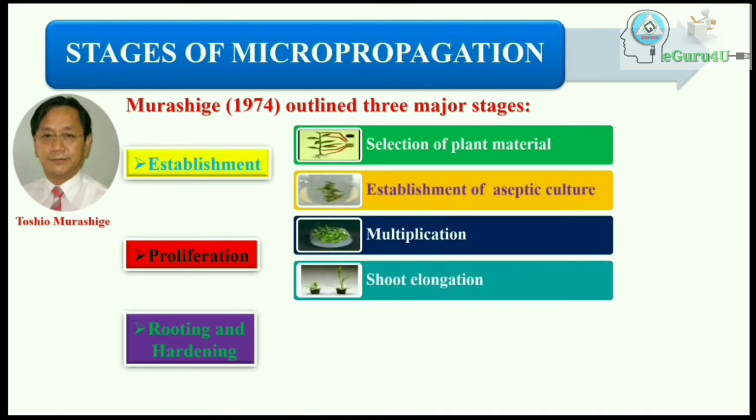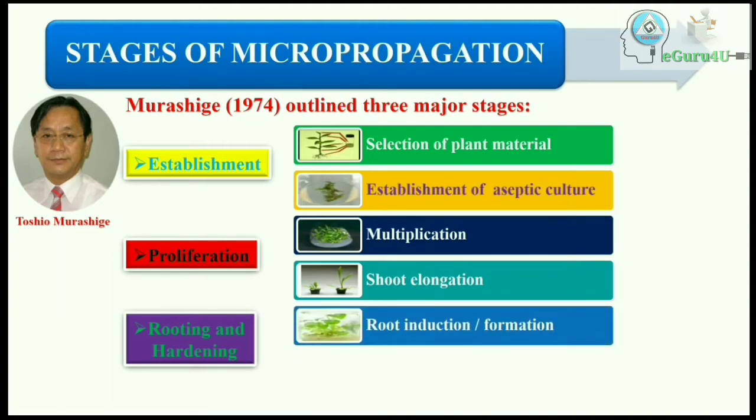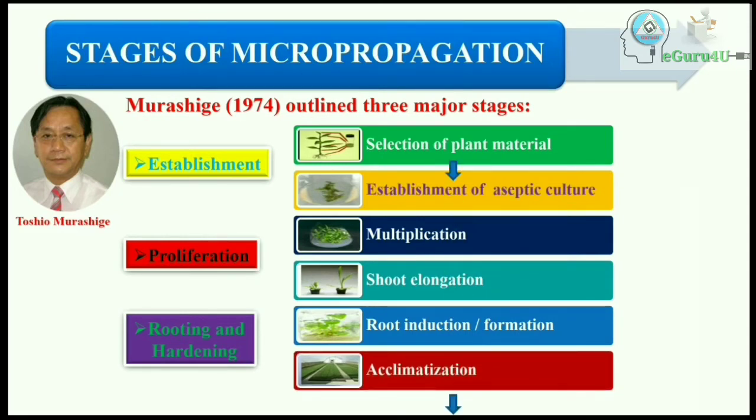Shoot elongation. Here, the multiplied shoots are elongated. 5. Root induction. The shoots are transferred to the rooting media where roots are induced. 6. Hardening or acclimatization. Here, the tissue-cultured plantlets are transferred to hardening chambers like polyhouse and later transferred to soil.